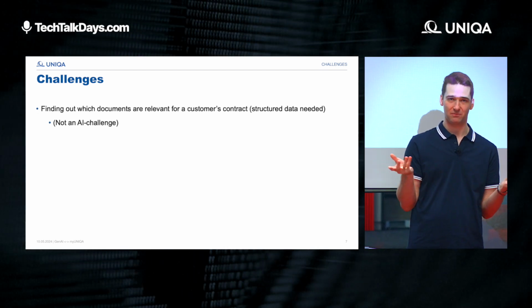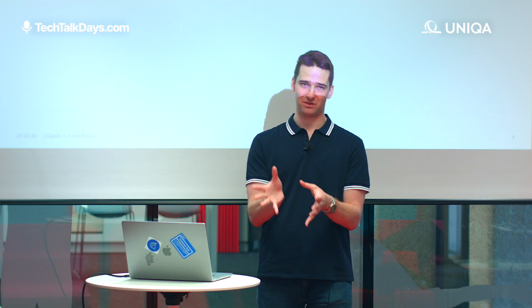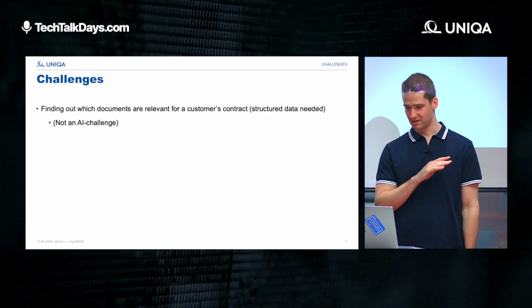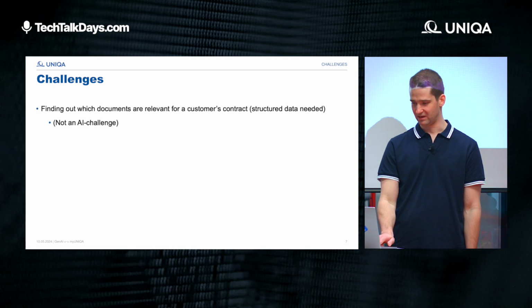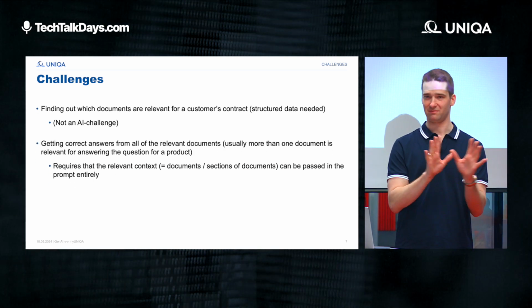And this is the one point which is not an AI challenge. It was a challenge to get this from the systems in a structured way, so that we can further work with this information, so that we can then generate the questions and answers for the given combinations and display them later. So this was the very first challenge that was, luckily, solved without major issues.